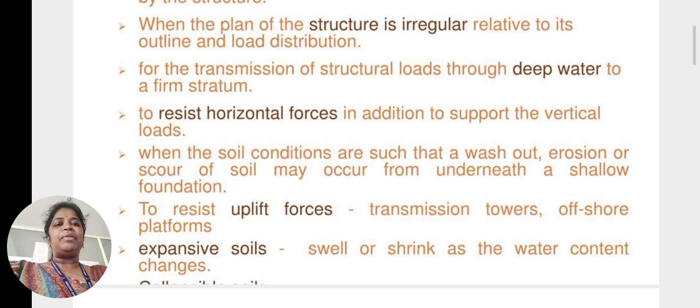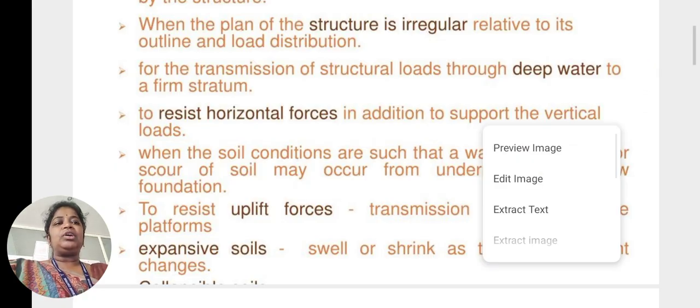In those cases uplift forces are very common, and to resist those uplift forces these pile foundations are very much necessary. And while construction is done on expansive soils, they easily swell or shrink as the water content changes. The swelling or shrinkage as the water content changes occurs in expansive soils. To overcome this problem, for buildings in expansive soils, pile foundations are very much used.